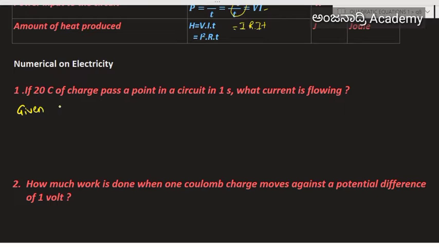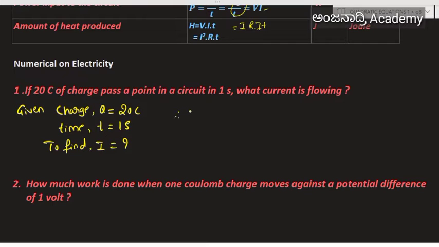Charge Q is equal to 20 coulomb, and time period t is equal to 1 second. What is asked in the problem? To find the current, I is equal to how much.